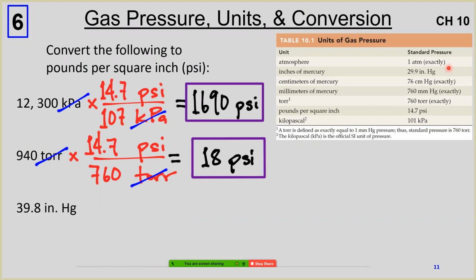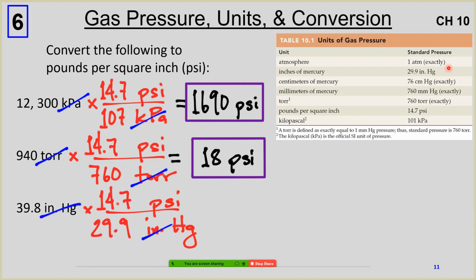And the last one here is 39.8 inches of mercury converted to psi. Again, psi up top, inches of mercury at the bottom, and the equivalence is 14.7 psi equals 29.9 inches of mercury. So inches of mercury will cancel, leaving us with the unit that we want up top, which is psi.